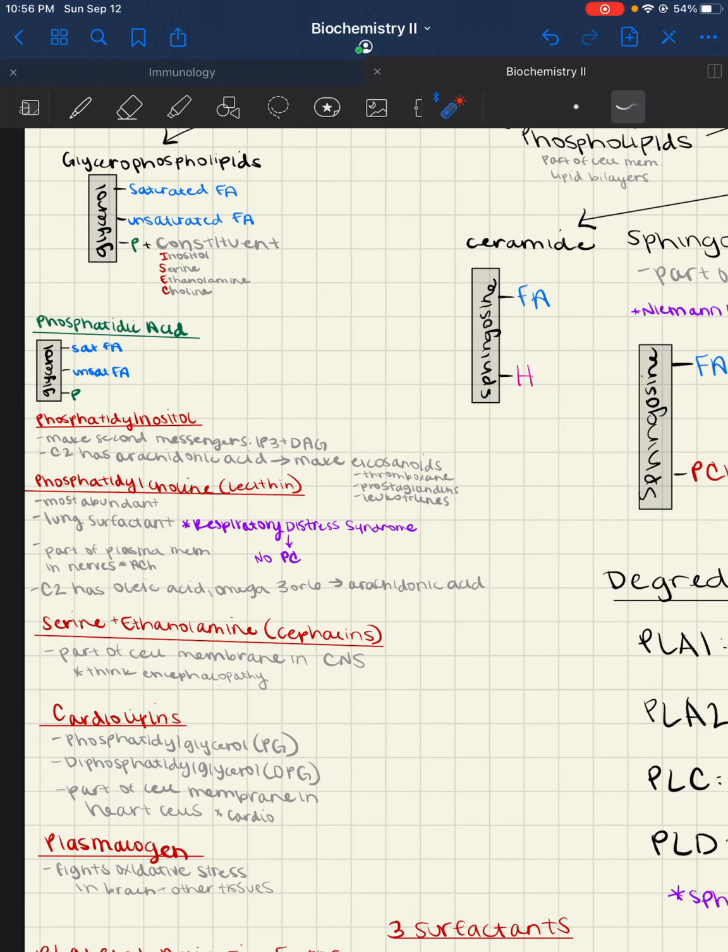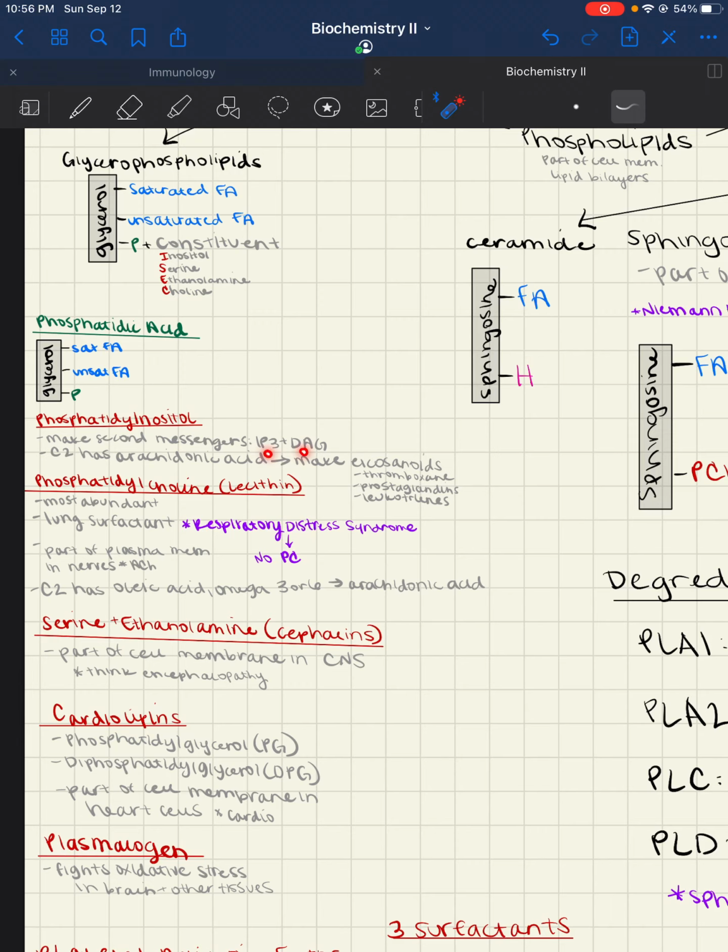But phosphatidic acid itself is this structure: the glycerol backbone, sat fatty acid, unsat fatty acid, and the phosphate. No constituent. So if we add inositol as the constituent, we get phosphatidyl inositol.